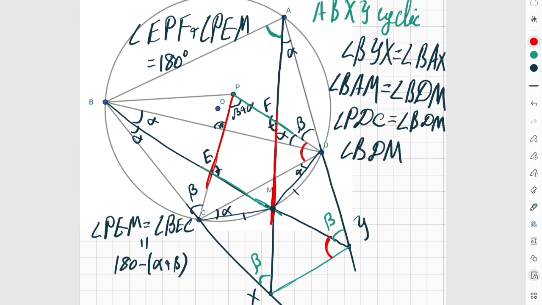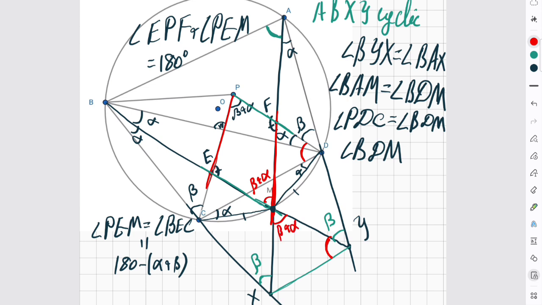Also, we know that PEMF is a parallelogram, and this angle should be beta plus alpha. That is why this angle here, which is XMY, is also beta plus alpha.